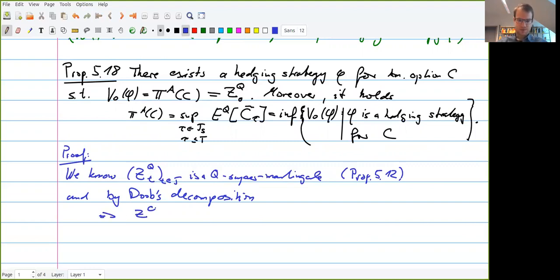So we know that the Snell envelope at time t is given by the martingale part M_t and A_t, where, as I said, M_t is a martingale under Q.